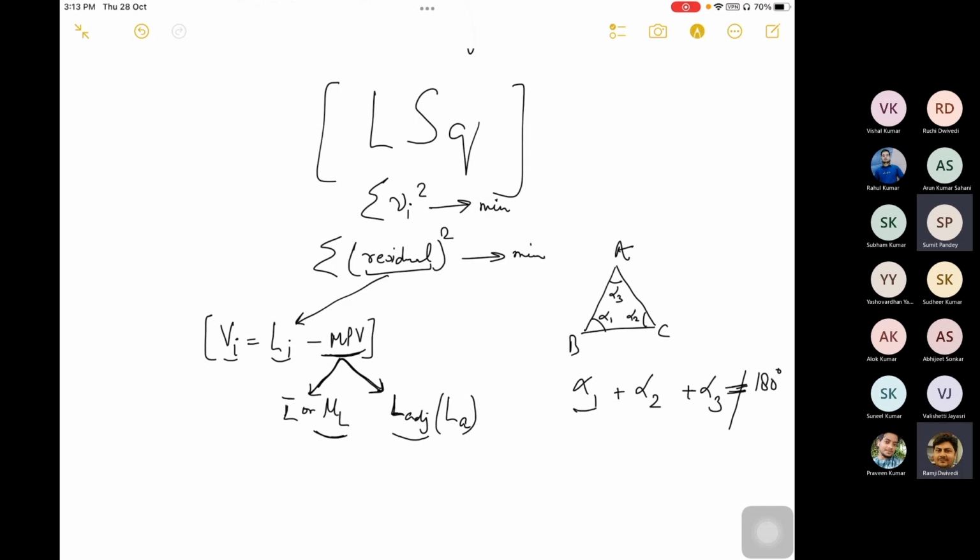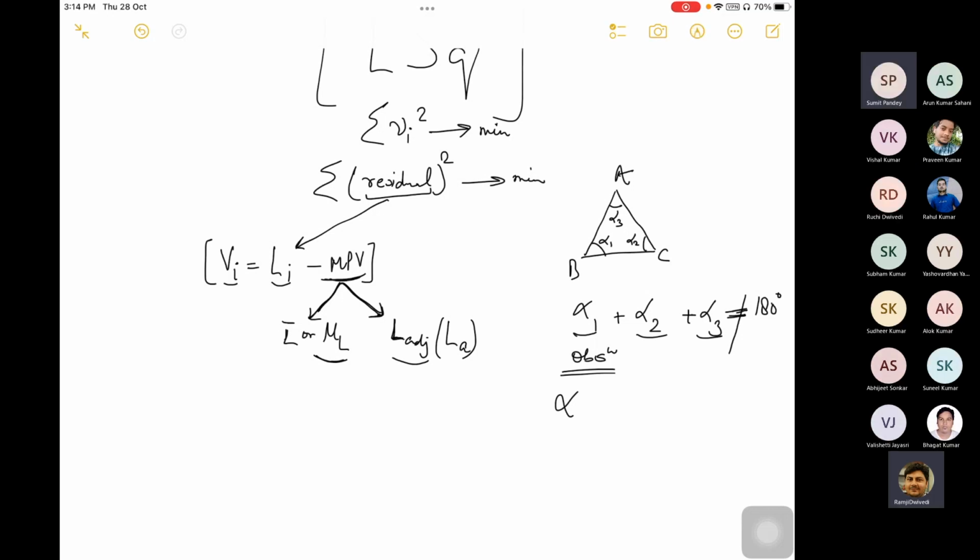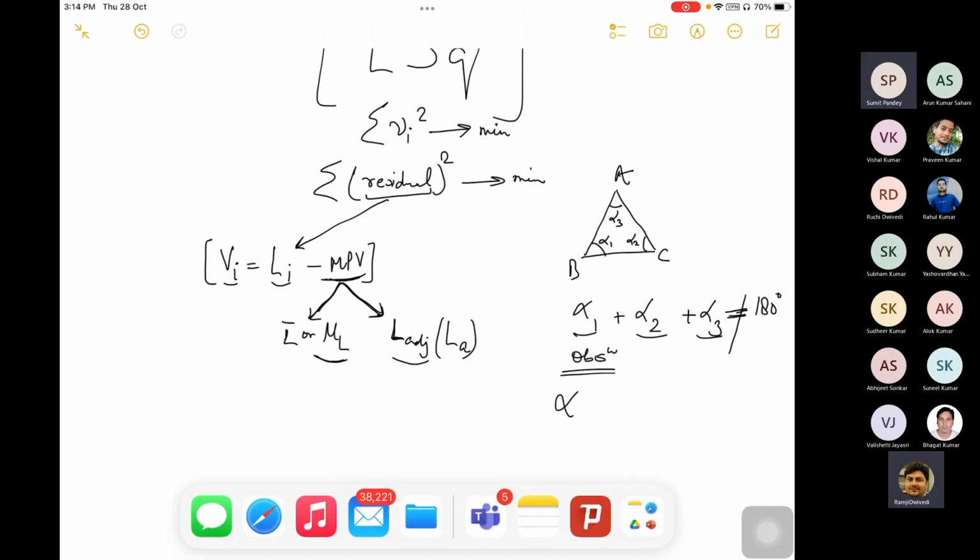Because these are observations made using angular measurement instruments, and they have errors. You all know there are various sources of errors, because of which these errors are there.